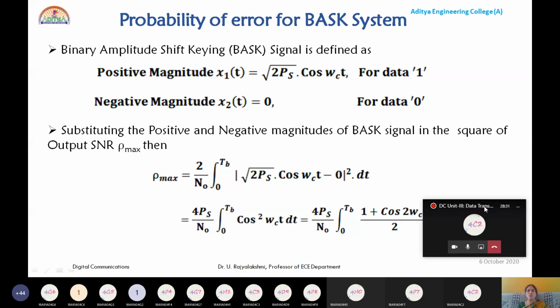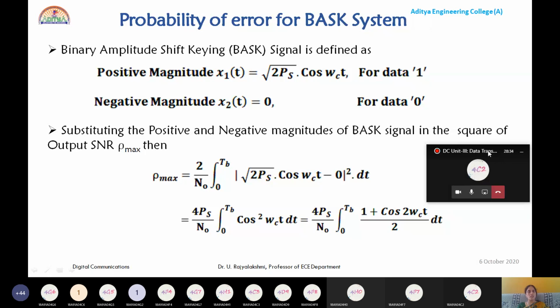Because almost all systems follow the same procedure, once you know this procedure you can easily solve the probability of error for all kinds of systems. Next, take the rho max expression, that is 2 by N naught integral 0 to Tb of x1 minus x2 of t whole square dt.